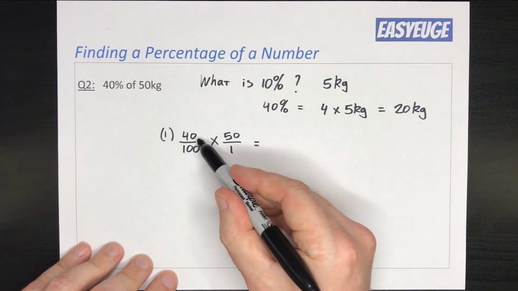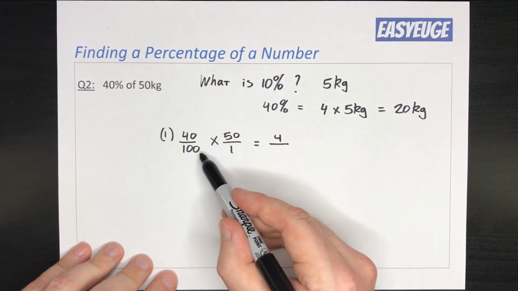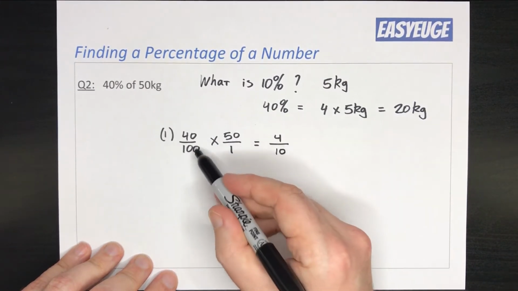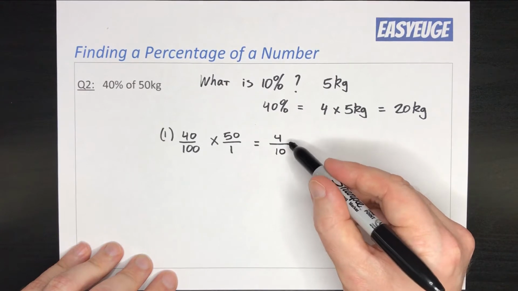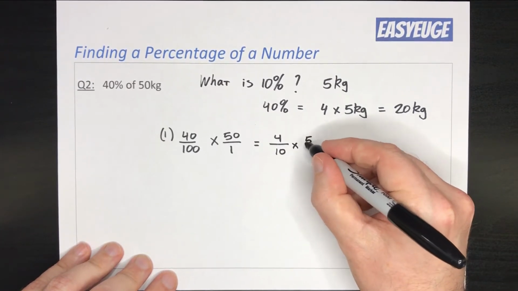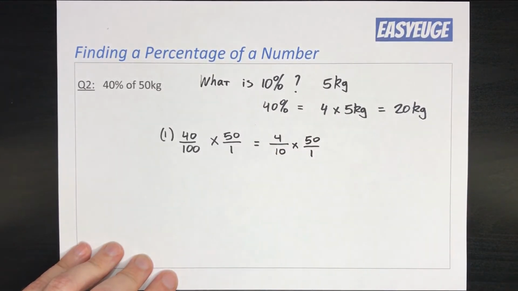So I'm going to divide 40 by 10, and that becomes 4. I'm going to divide the bottom number 100 by 10. So 100 divided by 10 is 10. So 40 over 100 is the same as 4 over 10. And I'm going to multiply that by 50 over 1. I can't simplify this anymore.